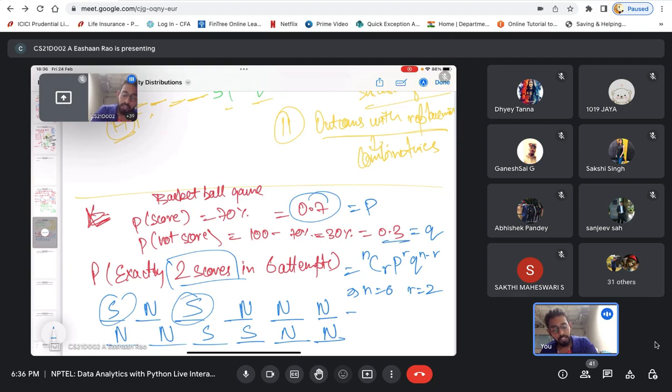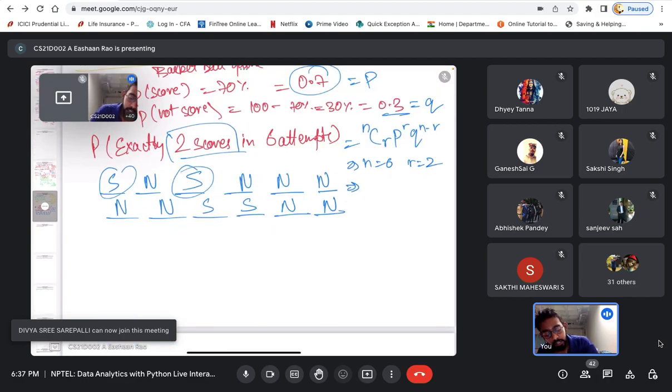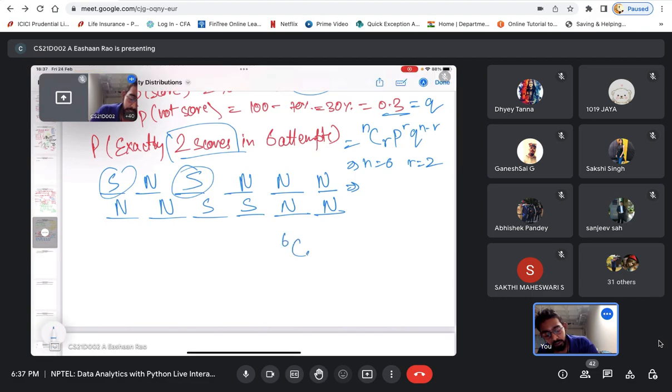If I apply these values here, it will be 6C2 times 0.7 raised to 2 times 0.3 raised to 4, since 6 minus 2 is equal to 4.